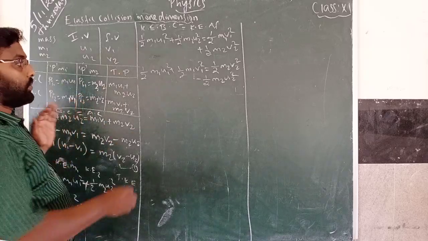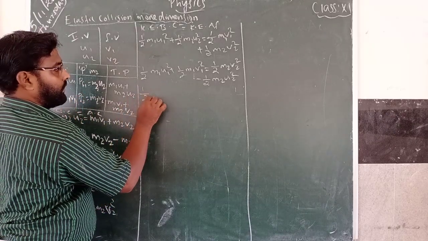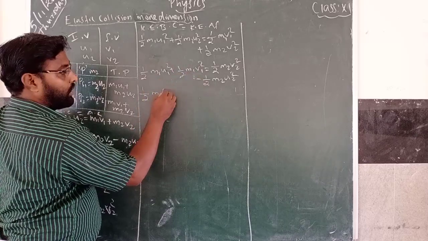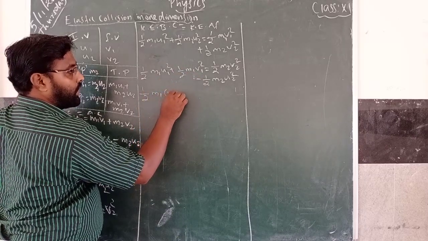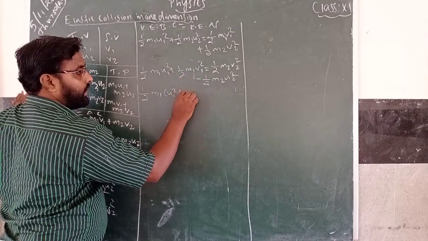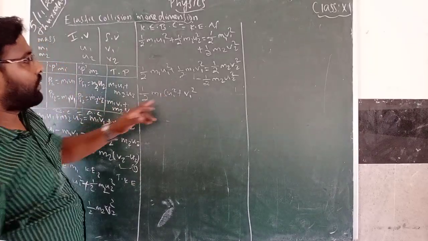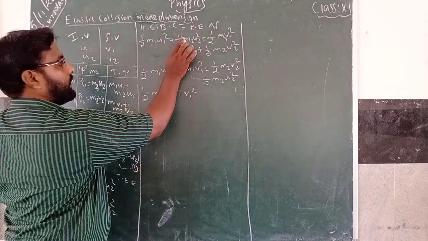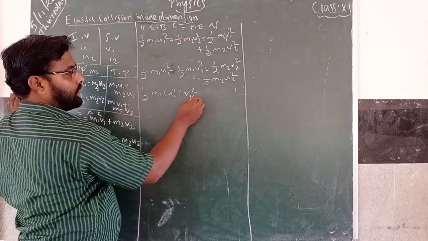So take all the half outside. So half m1, take m1 outside now. So u1 square minus v1 square. Not plus. When this term comes to this side, here it will come what? Minus.